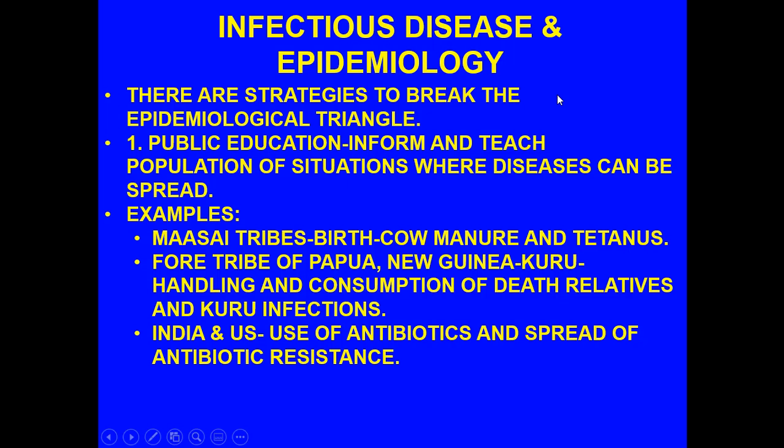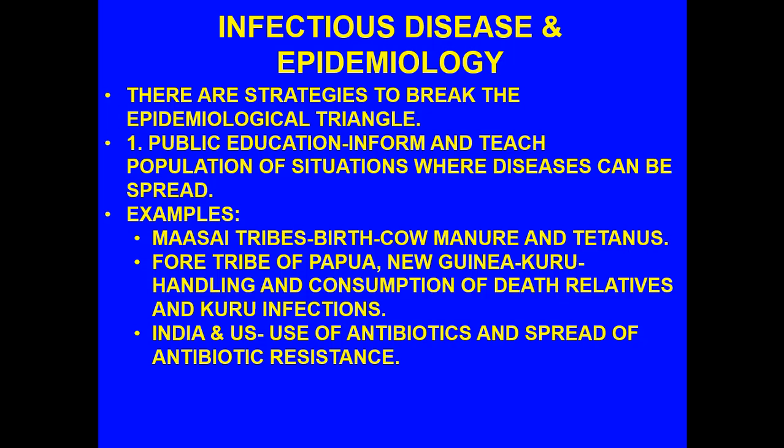In the Maasai tribes, because cow manure was so important and related to their agricultural culture, individuals, when they were born, were given a little bit of cow manure on the stump of their umbilicus. The problem is that same stuff would transmit tetanus. And so you had to finally break that cultural connection.